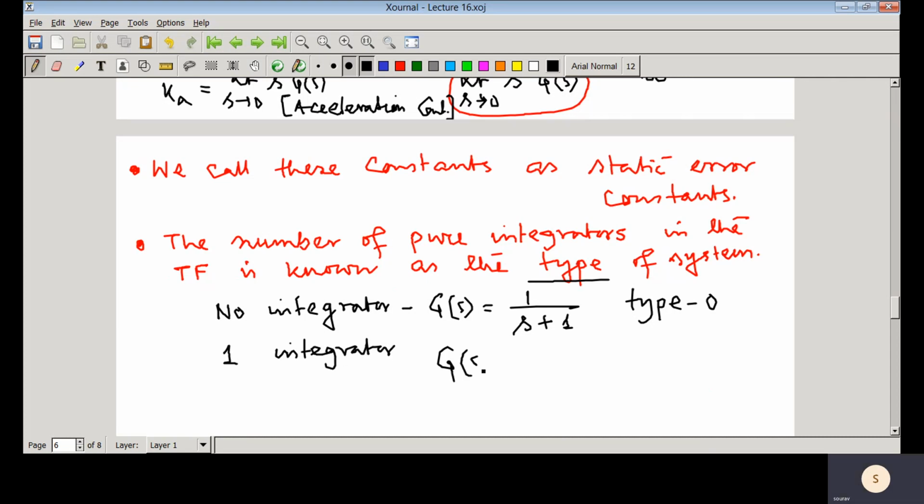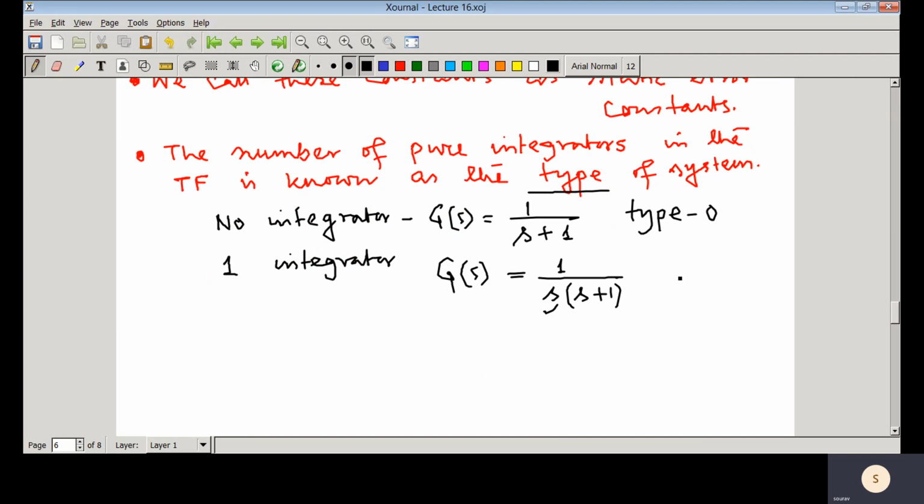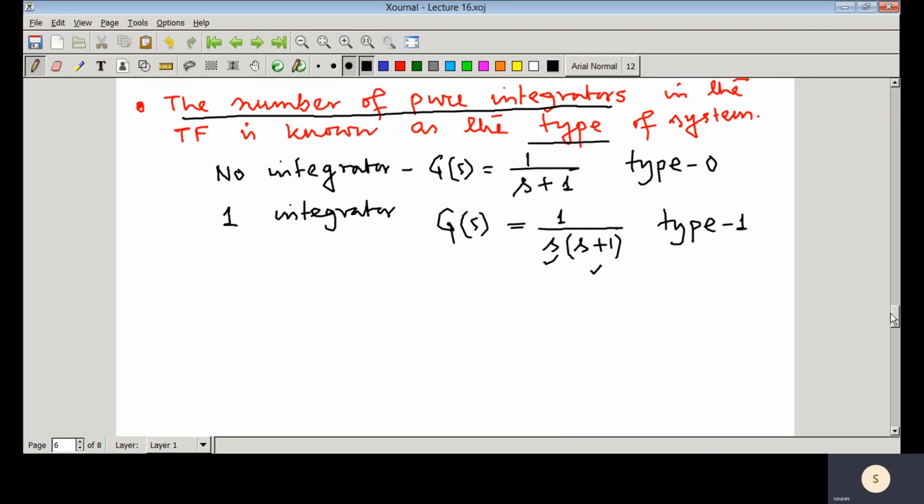That means you have a transfer function 1 by s into (s plus 1). You can see that there is one integrator, that is 1 by s. So this system is called type 1 because the number of pure integrators in the transfer function is one, one pole is at origin.